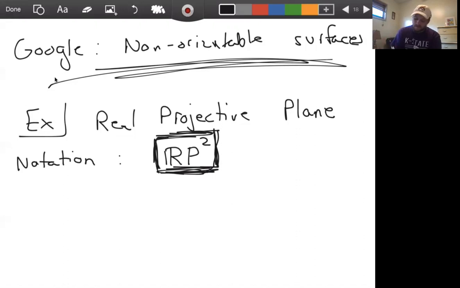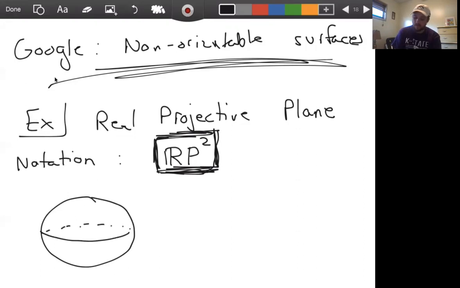Here's how you define it. You take a sphere, S. There's many different ways to construct or define RP2. I find this one to be the most geometrically intuitive, so I'm going to describe it. So let's say you have a point X on your sphere, right? You have this point X. You draw a line through this point and the origin. You see it's going to intersect the sphere twice, right?